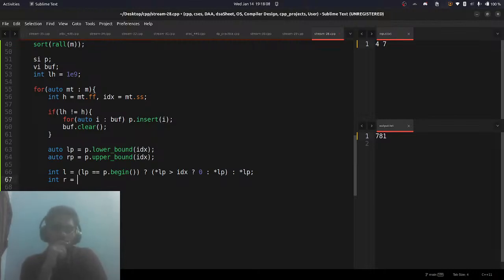Hmm. Okay, so the thing is this thing left for left.